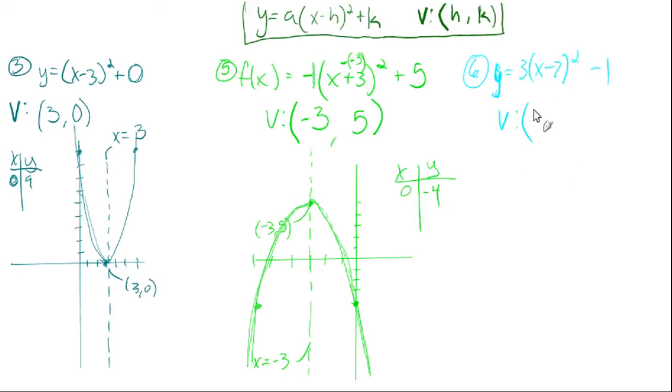The vertex is going to be whatever number is subtracted from x. That's a 7. Positive 7 is subtracted from x. And then the y value, the k value, is -1. We're going to plot our vertex now at 7, -1.